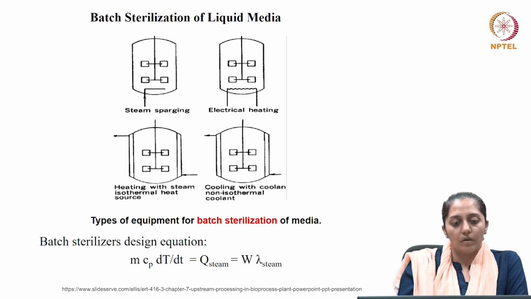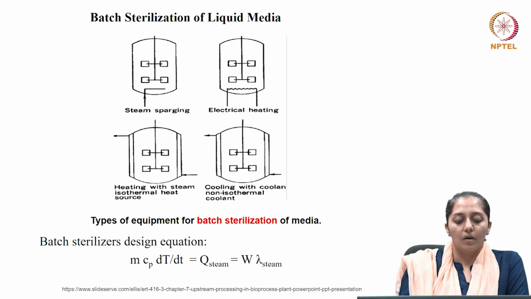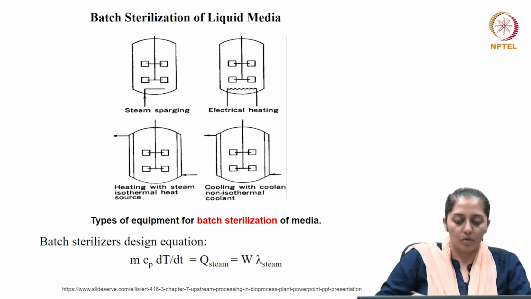Now, let us try to characterize the batch sterilization of the liquid medium. We know that there are different ways by which the media can be sterilized in batch processes. One can do direct steam sparging. There are electrical heaters which can be used, or heating with steam through an isothermal heat source, and then cooling with a coolant which is non-isothermal.